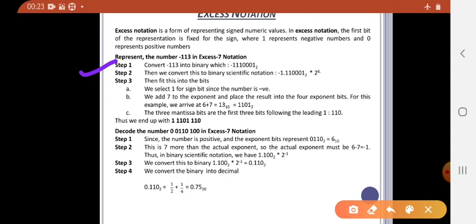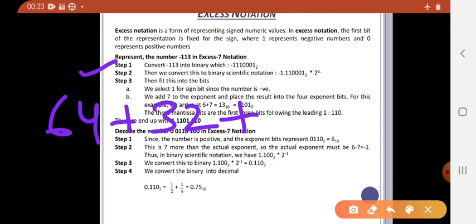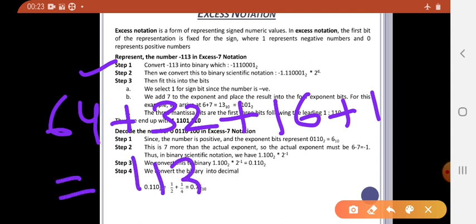One shortcut I also told you: to check, you just check the sums, like 64 plus 32 plus 16 plus 1. When you add these numbers, you will get 113.